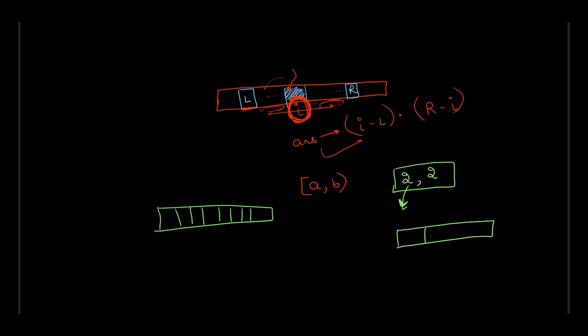Assume that you have multiple elements, duplicate values. So you have a duplicate value over here, x, and a duplicate value over here, x. Now, when you are standing at this element, you already counted the number of subarrays where the bitwise OR is equal to x, and you added this to your answer.